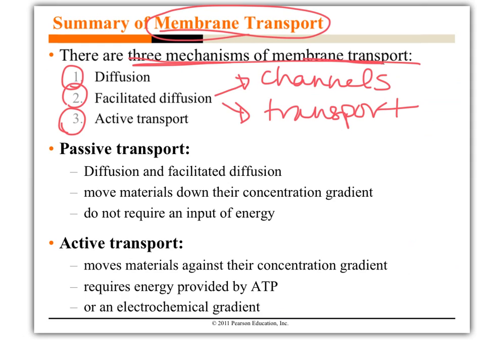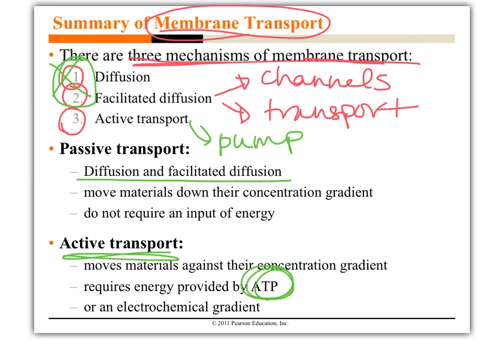Ta-da! What was active transport? Right, that was our pumps. Passive is always diffusion or facilitated diffusion, right? No ATP. Active transport, yes, ATP. This is high to low. This is low to high.